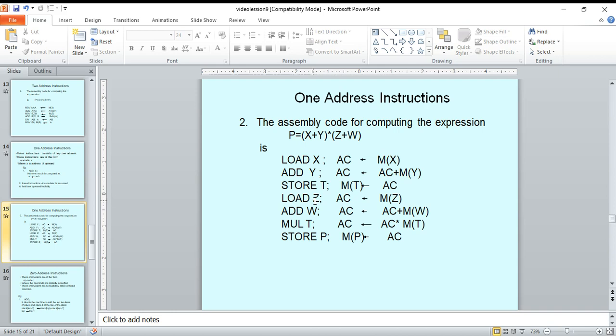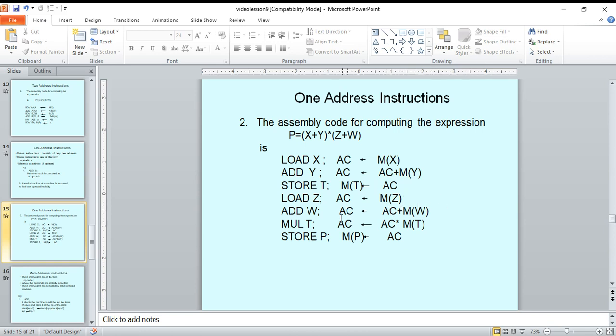Then we can perform the addition with add w. One operand value is in the accumulator register and the other operand is in the memory location, so while performing the operation we access the data from memory location M of w and add the two.